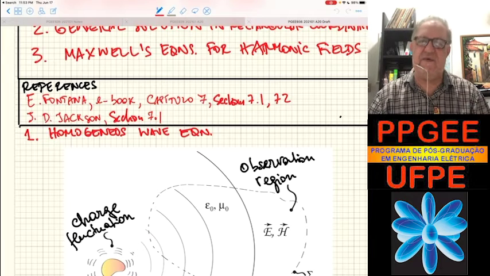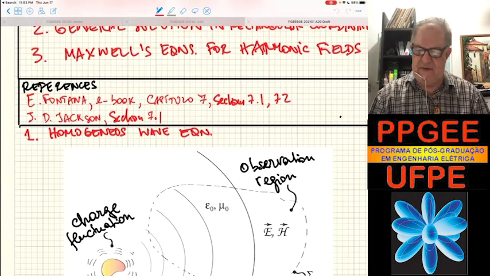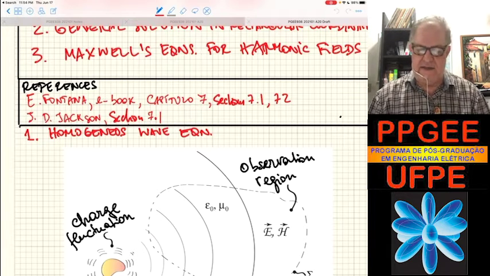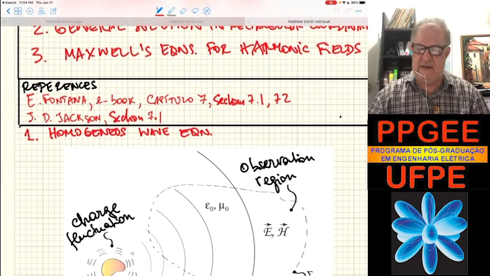That's a prediction of the general theory of relativity. But we are not in that field. We are just in traditional electromagnetism, talking about standard situations. No massive gravitation has effects on the things we are going to talk about here.